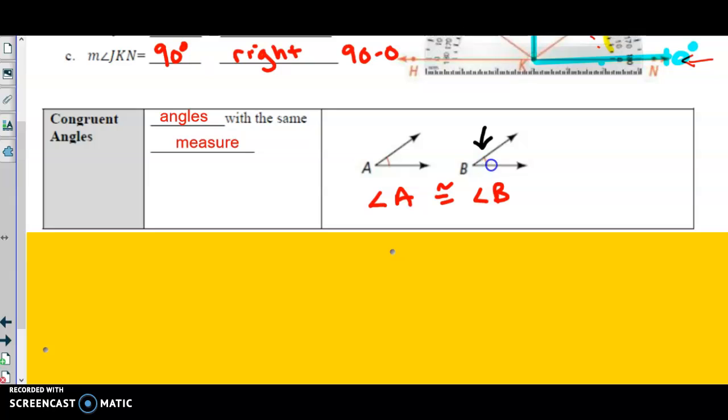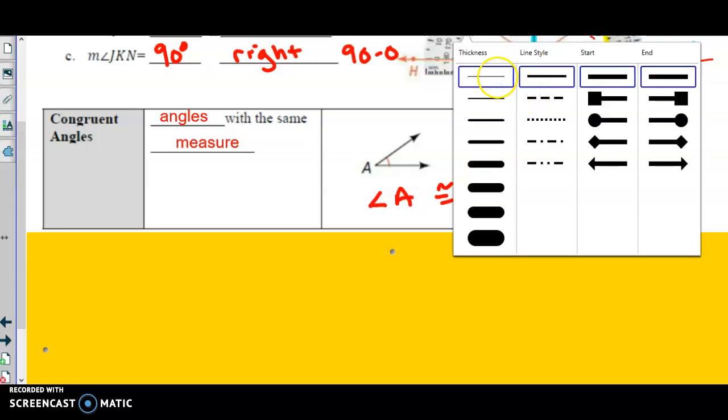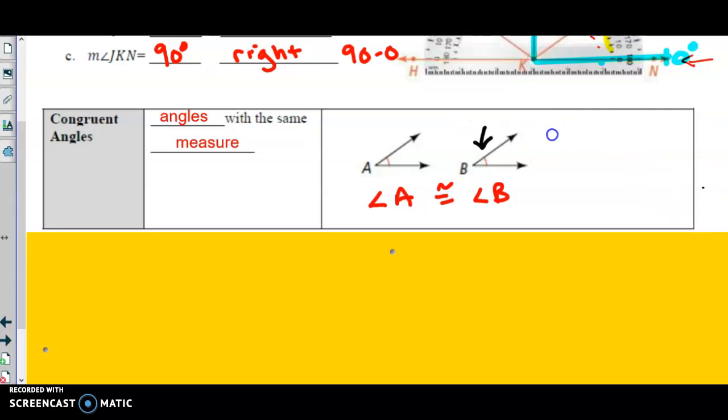So you see that little curved arc in each of those? An arc denotes that angles are congruent. And sometimes if you have more than one set of congruent angles in a drawing, you can use 2 arcs. If you put 2 arcs in each of them, it still means they're congruent.